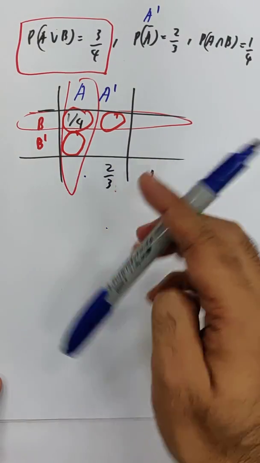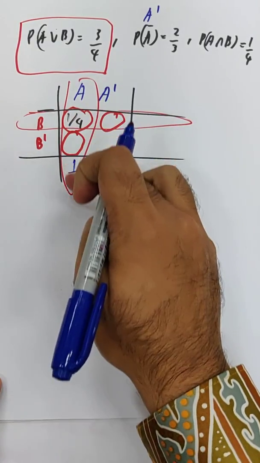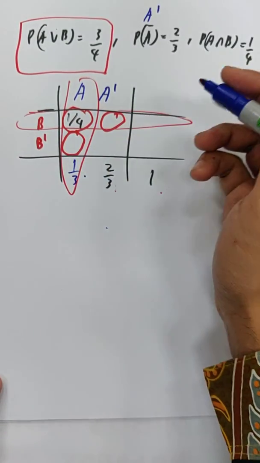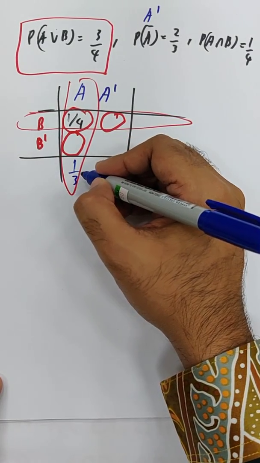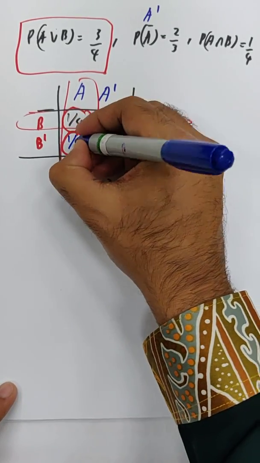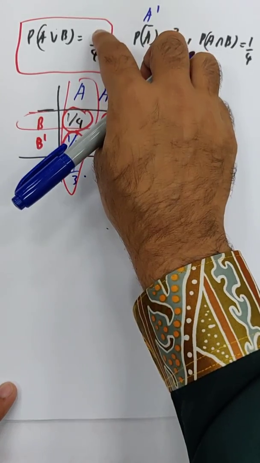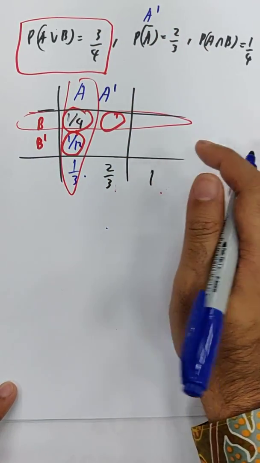If A prime is 2 over 3, this is 1 over 3. 1 over 3 minus 1 over 4 is 1 over 12. And I know this total is 3 over 4. So 3 over 4 minus 1 over 4 minus 1 over 12 is 5 over 12.